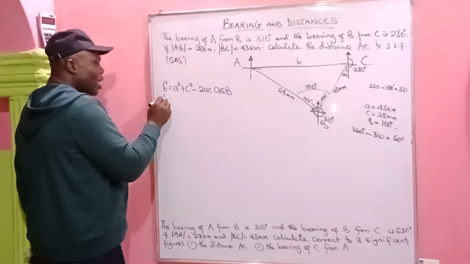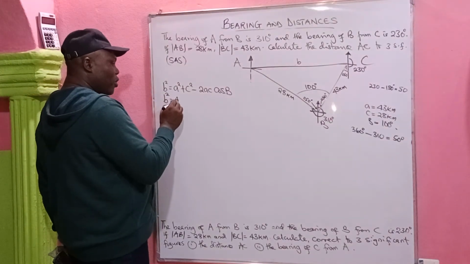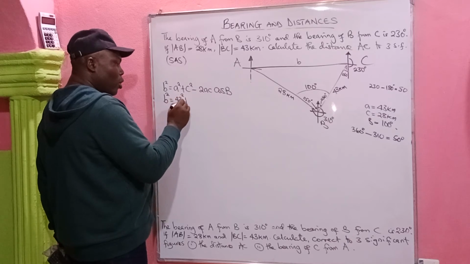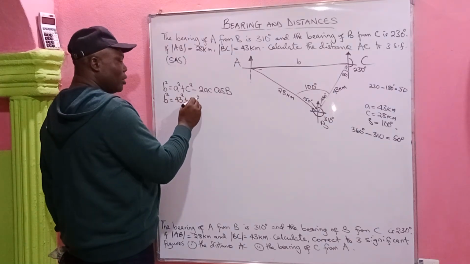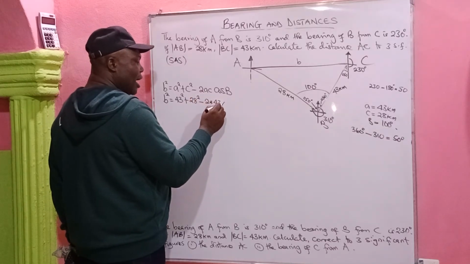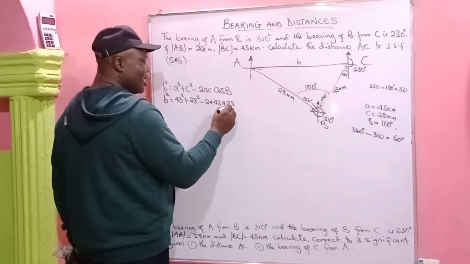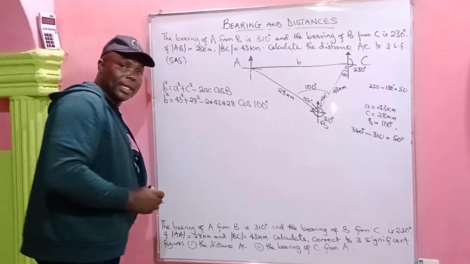So our b squared will be equal to, what is a? a is 43, so 43 squared, plus c, which is 28, 28 squared, minus 2 times 43 times 28, and then the cos of angle B, which is 100 degrees.